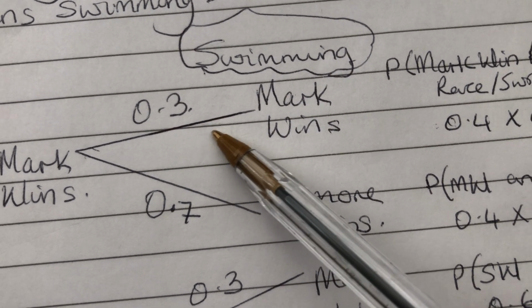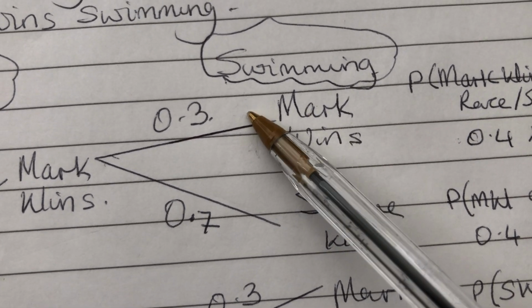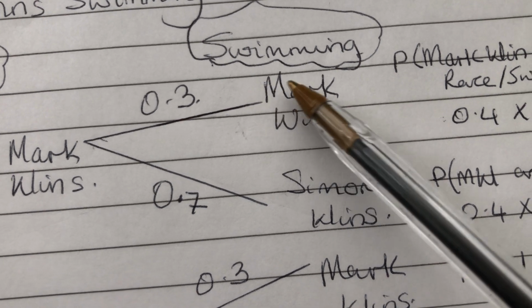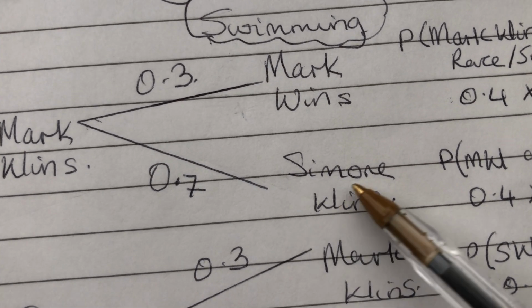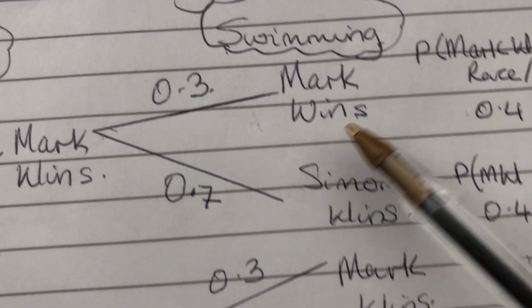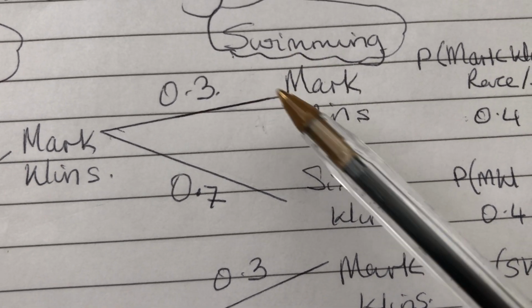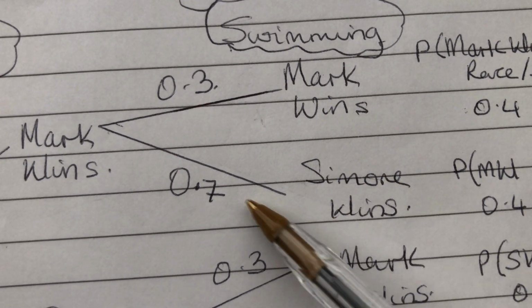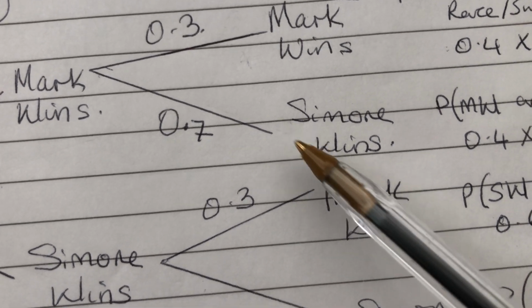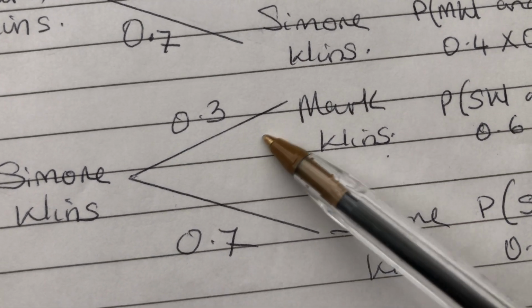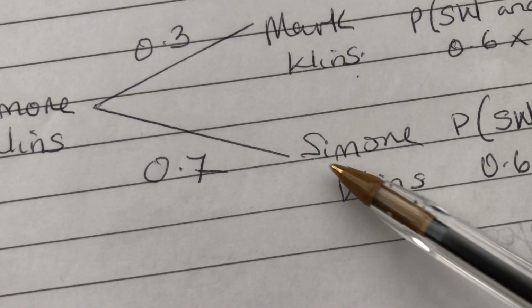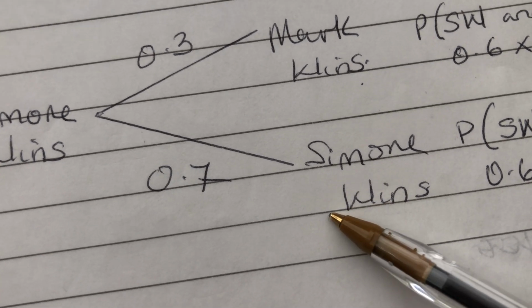For Mark to win swimming is 0.3. Simon's win is 0.7, because if Mark is 0.3, Simon will be 0.7.